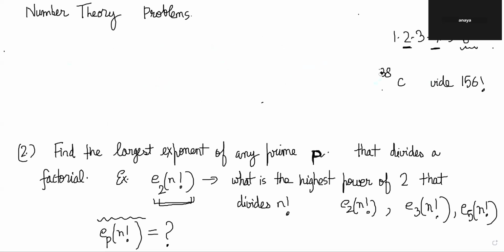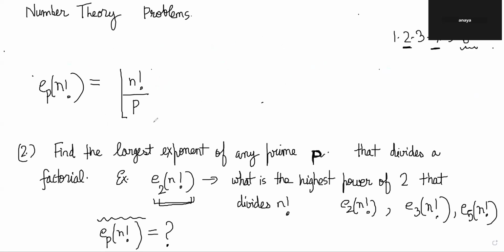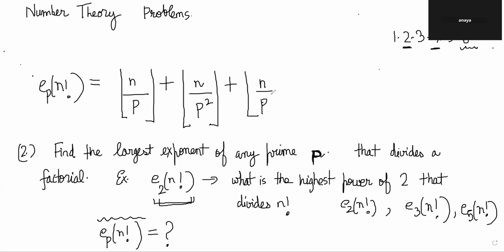So EP of n factorial will be n divided by p, take the floor function, plus n divided by p square and n divided by p cube, and so on till infinity.